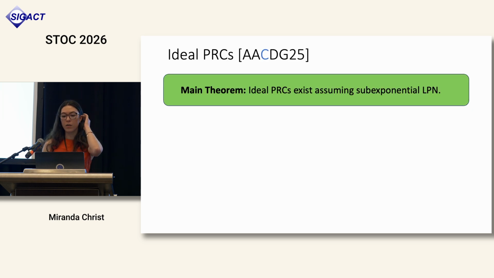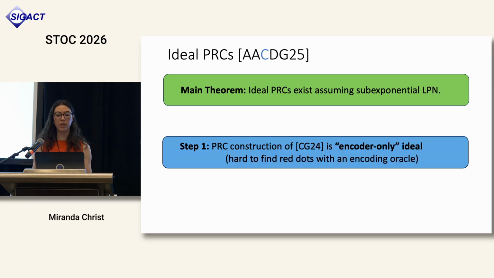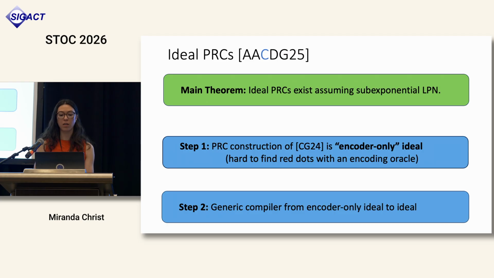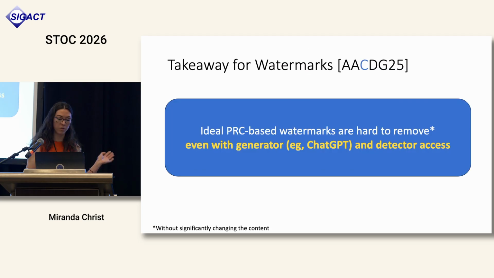Okay, and so we showed that these ideal pseudorandom codes exist under the same assumptions as the construction from earlier. I'll skip over the full results, but basically, in studying these ideal pseudorandom codes, we really just solved a purely theory question, but this had implications for watermarks.